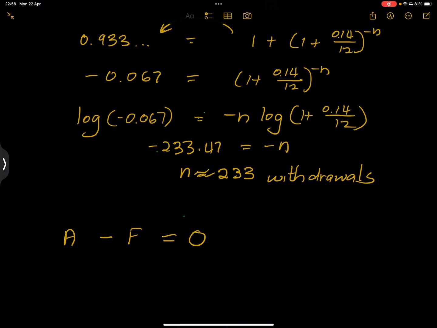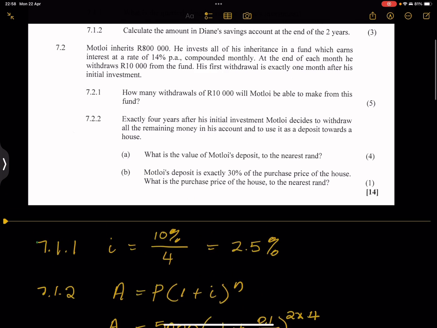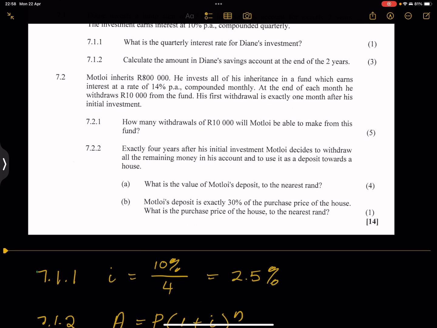So as he withdraws, when the two are equal, it means that the funds would have run out, and in that case you'd still get exactly the same value. Okay, so let's go on to the next one.